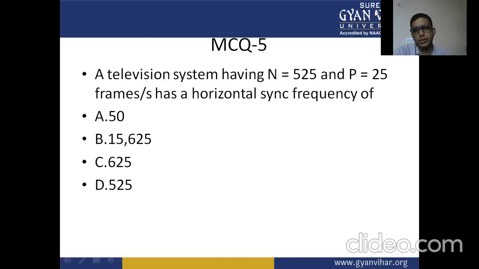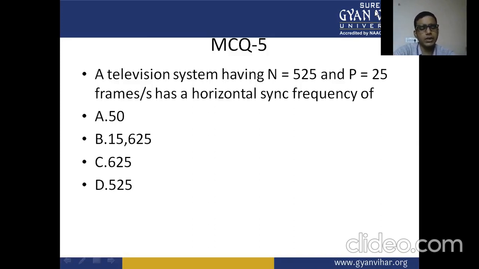Next multiple choice question, that is the fifth question. A television system having N equal to 525 and P equal to 25 frames per second has a horizontal sync frequency of A 50, B 15,625, C 625, D 525.